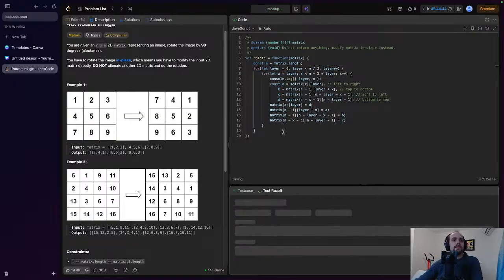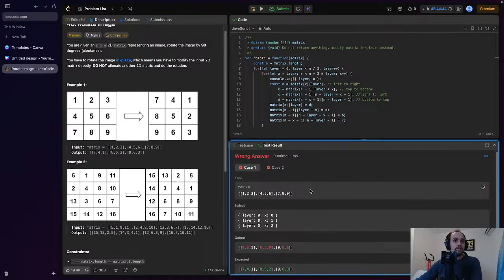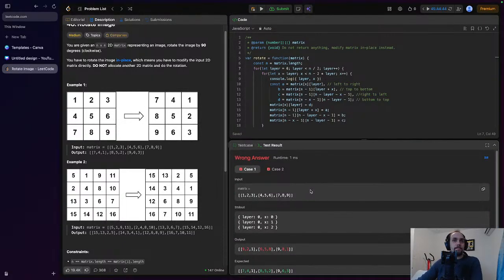Let's just do layer X, like that. We'll run it. Just a sanity check. Yeah, I don't expect to have more layers, and I do expect this to run 3 times. So all of that looks good. 0, 1, 2, that looks good.